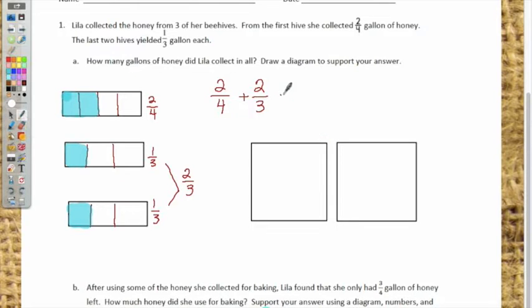What's your common denominator? 12. How'd you get 12? 4 times 3. Good. So on the first one I show fourths. Second one I show thirds.